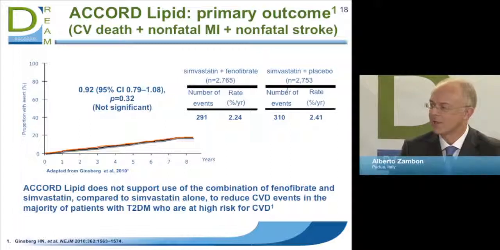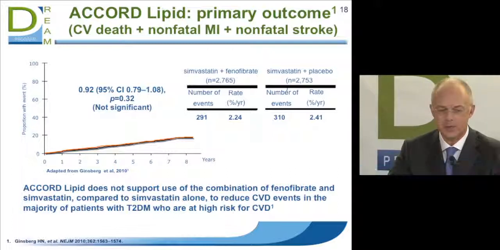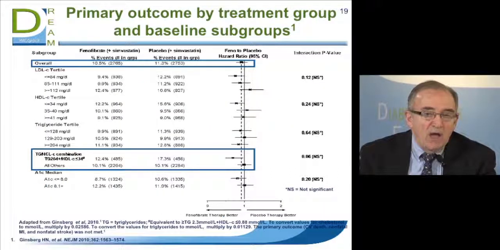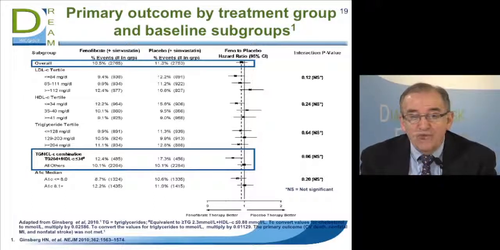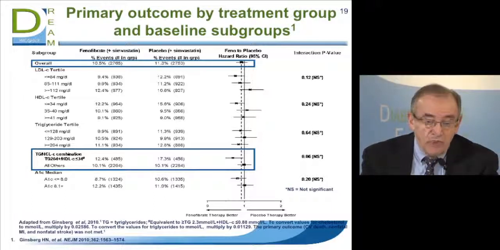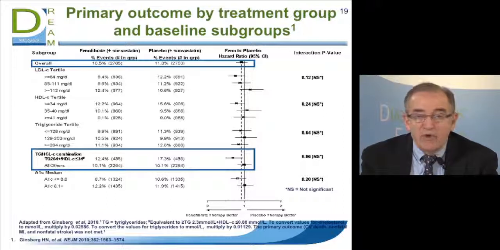I think there was a subset of patients that did receive a somewhat greater benefit from the combination therapy. Well, in any trial, you wish to look beyond the overall result, and this was a very heterogeneous group of individuals with a broad range of plasma lipids at baseline, as I mentioned.